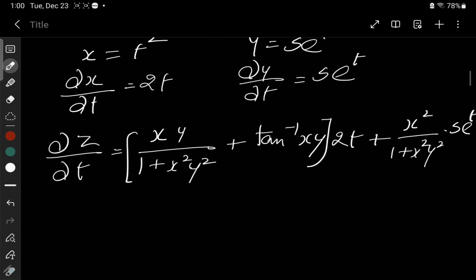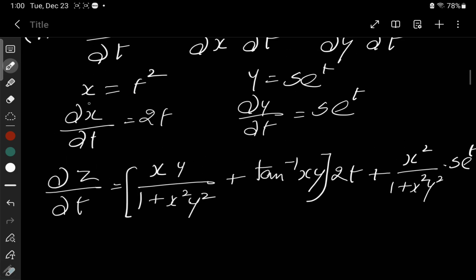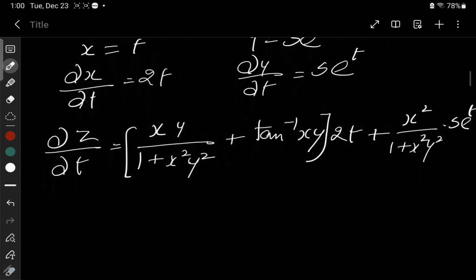Now replace x and y in terms of t. X is t squared, y is s e power t.